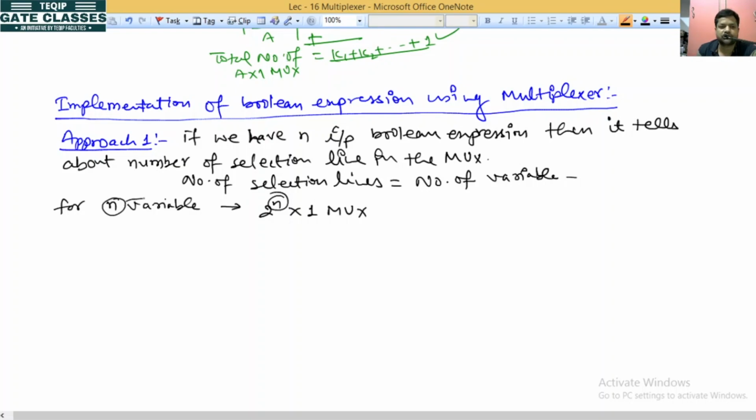So if n variables are there, we are using 2 to the power n cross 1 mux. Okay na. What is the procedure? Steps: place the variables of the function on the selection lines.